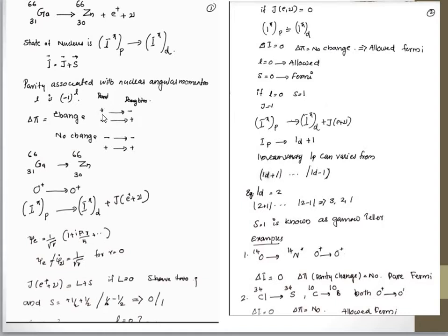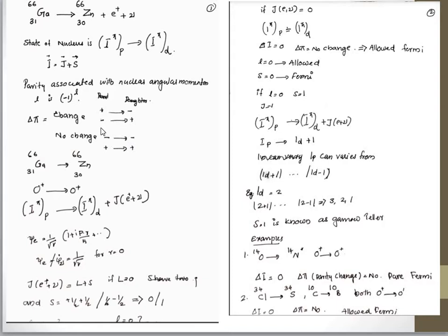Suppose parity changes from plus to minus, and parity can also change from minus to plus. That means when there is a change in parity, the L value must be an odd number: 1, 3, 5, etc., because that is equal to minus 1 raised to L. If there is no change in parity, the L value may be 0, 2, 4, etc.